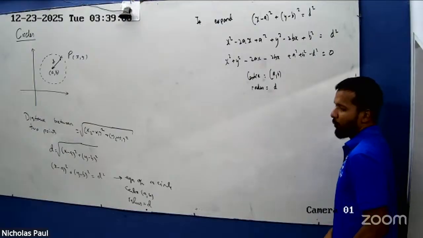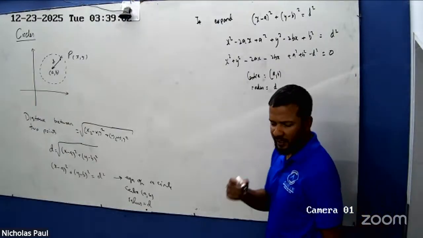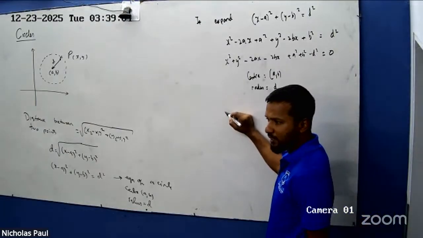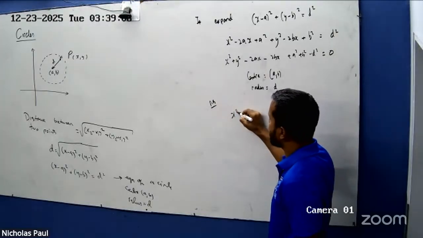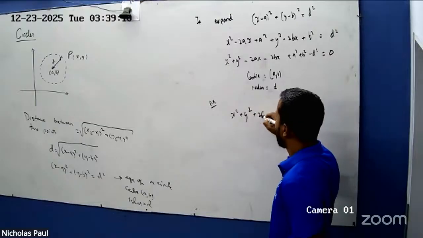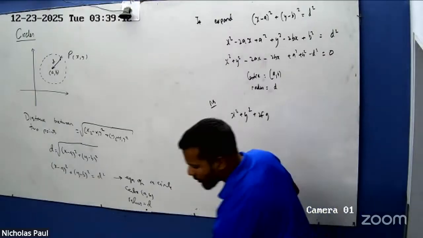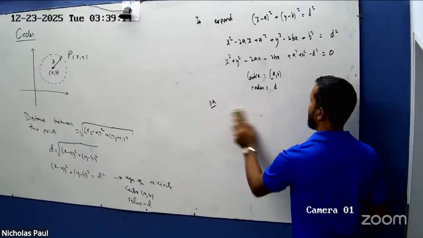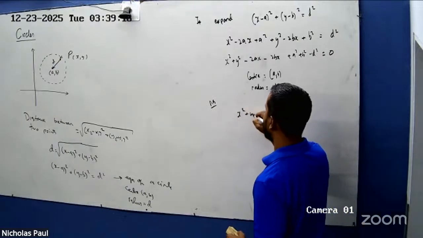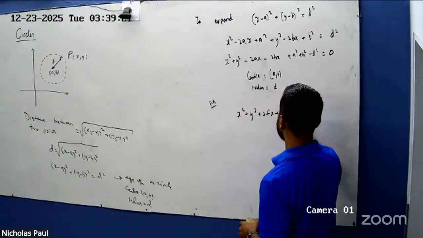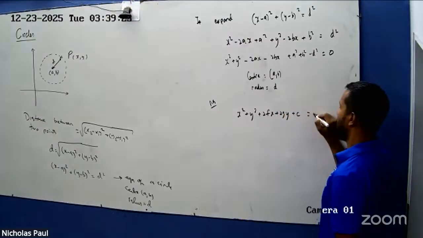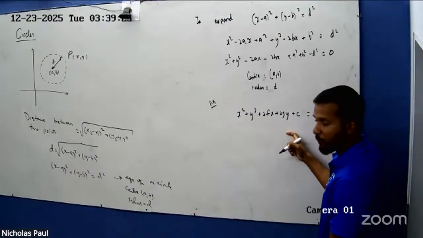You all may remember in our ADMAS we use F, G and C, right? In ADMAS we probably use F. In ADMAS I think we use this, right? X squared plus y squared plus 2fx plus 2gy plus c equals zero. ADMAS we use this version as well, right?